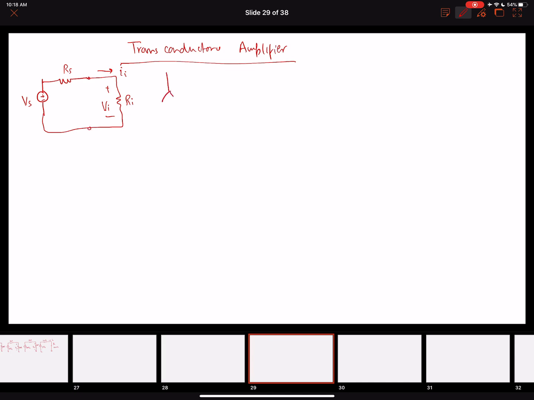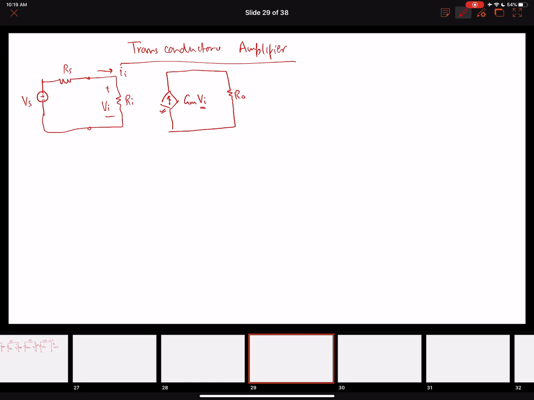Right? Then what we will do is we are going to have a transconductance amplifier where, rather than having a current controlled current source or a voltage controlled voltage source, over here we have a voltage controlled current source, right? So this is a current source and this is controlled by the voltage Vi.